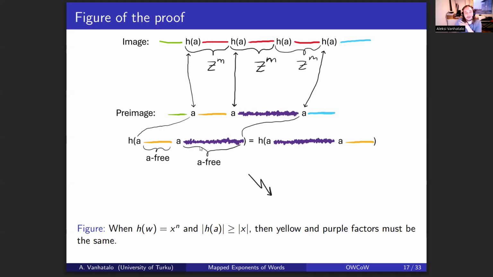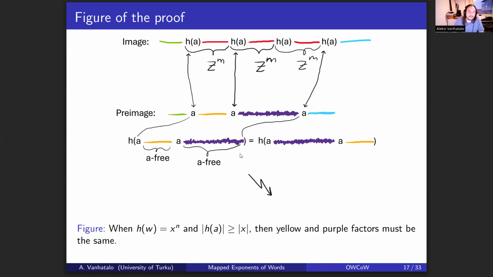So these words commute under the H. And if we assume that these words are different and there are no letter A's in them, then this is already contradicting the injectivity of H. So again, you need to fill the gaps that I'm leaving here in the explanation in your mind, or read the whole thing. But this is how the proof goes.